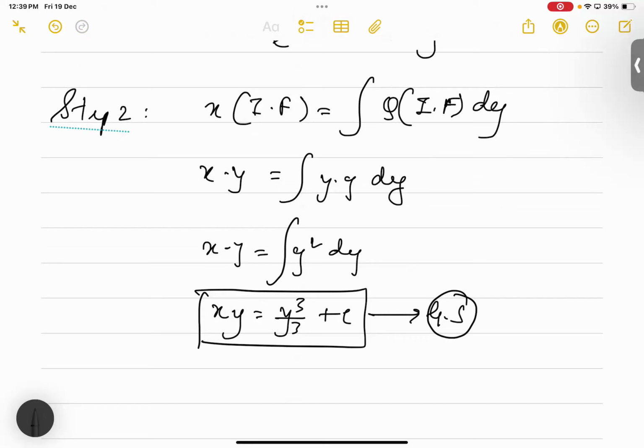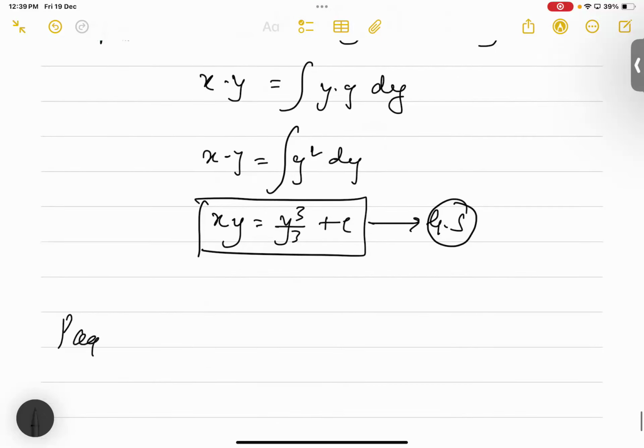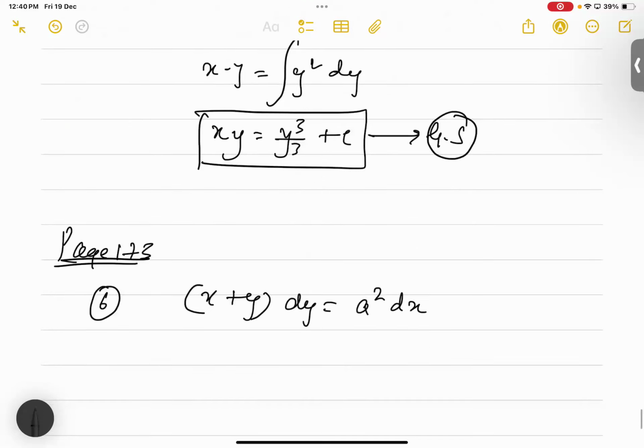Page number 173, question number 6. X plus y dy is equal to a square dx.